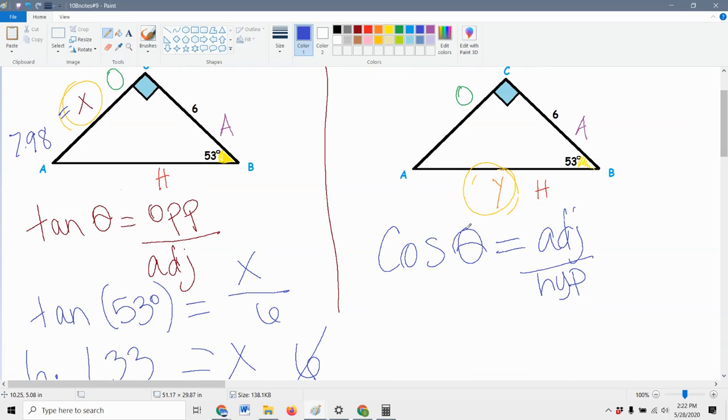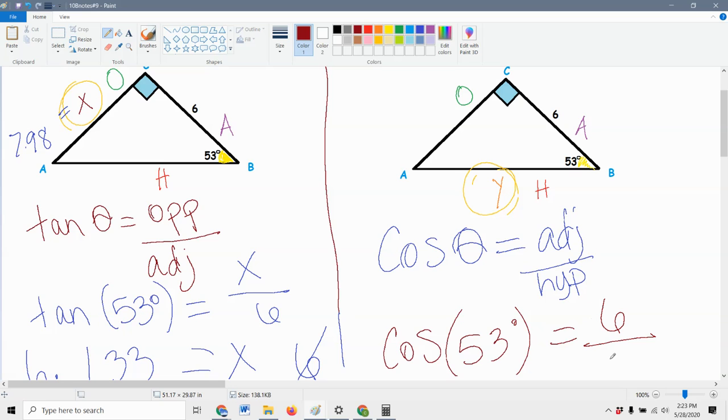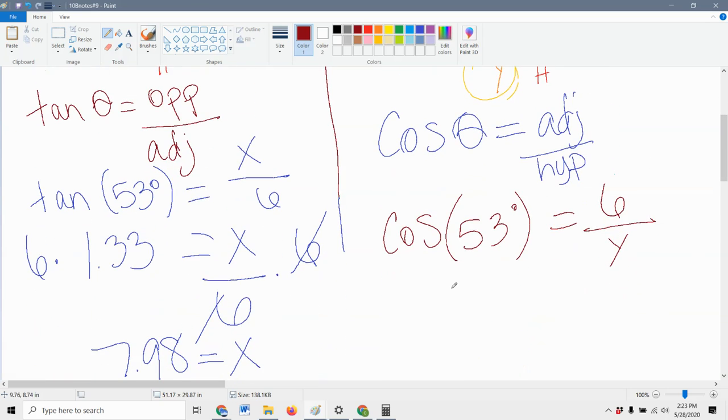The cosine of theta over here, that's the trig identity we decided to use. We'll plug in, same degrees here, but now we're in cosine. The cosine of theta, which in this triangle is 53 degrees as well, is equal to the adjacent side, which is 6, over our hypotenuse, which is the variable y. Let's find what cosine of 53 degrees is.